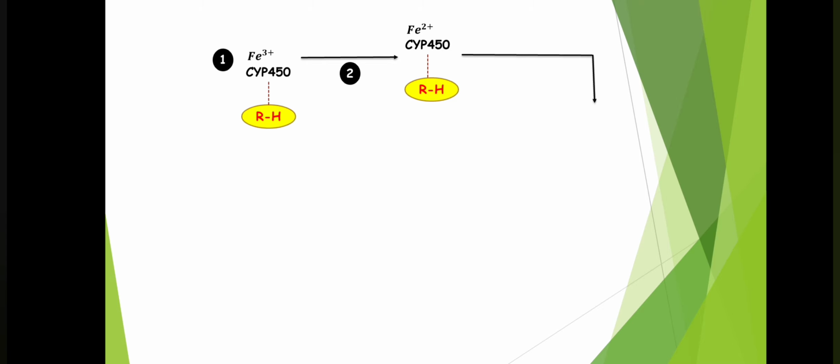Next, in the third step, an oxygen molecule comes in and an electron is transferred from the iron to the oxygen atom to form a compound something like this. So in the third step, iron has lost an electron, whereas the oxygen molecule has been reduced because it has gained an electron.